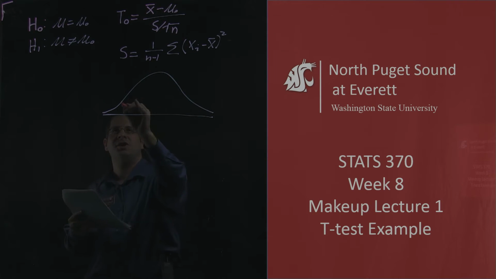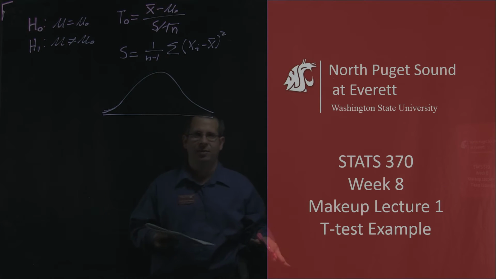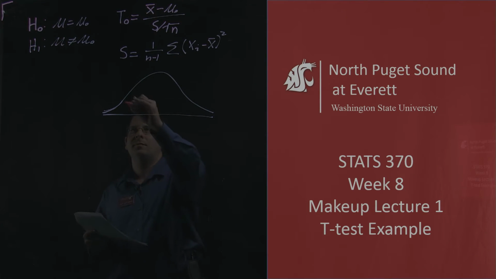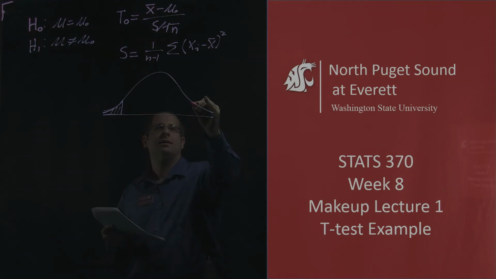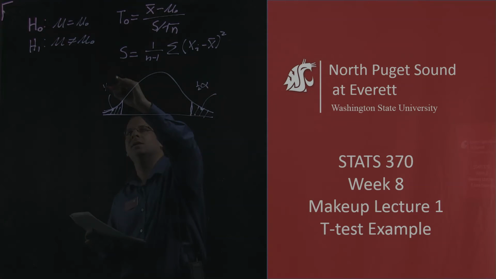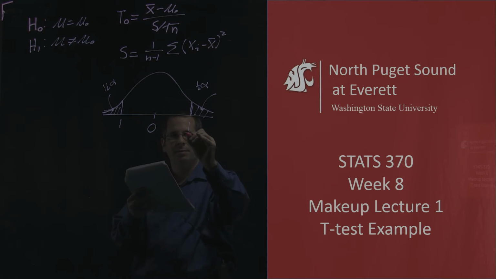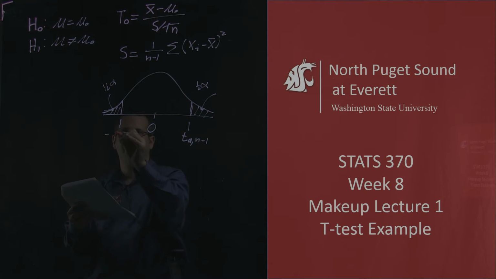now what I'm saying is that I have a t-distribution which looks similar to a normal distribution, and just like with the normal distribution, I can start making statements like, for some given alpha, this area is 1/2 of alpha, and this area is still 1/2 of alpha. Now we're going to call this point t alpha/2, n minus 1, and this will be minus t alpha/2, n minus 1.